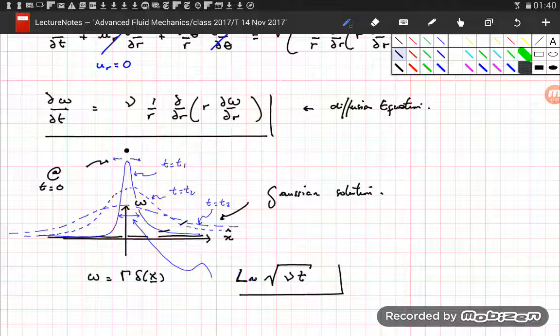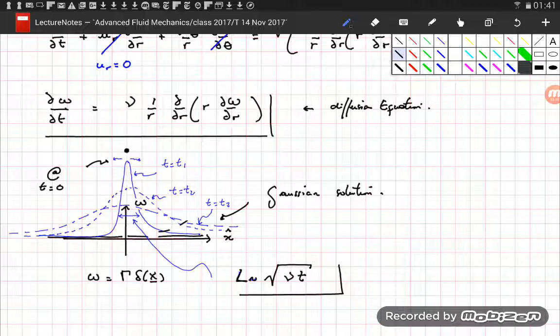If you assume the flow to be inviscid, that corresponds to saying this term here is negligible, and therefore you neglect the diffusion of vorticity. So an irrotational vortex, for instance, if you assume the flow to be inviscid, will remain an irrotational vortex. The vorticity will remain concentrated just at one single point.